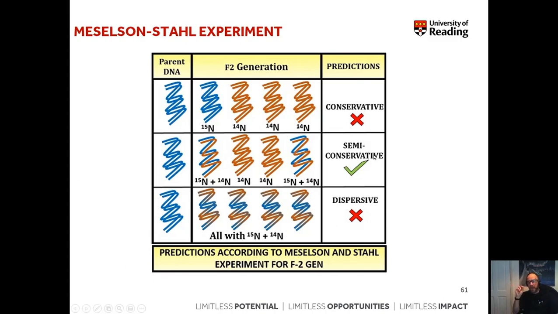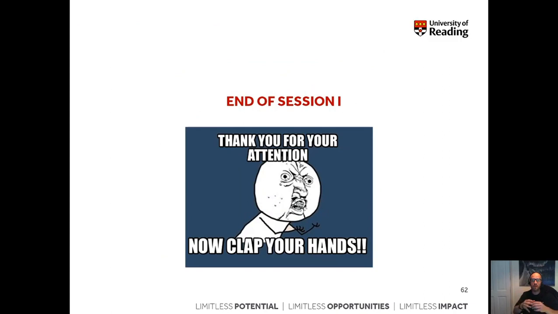However, as the answer is semi-conservative, we would expect one light band and also hybrid bands, which was the case in the experiment. And this was a clear proof that the mechanism of DNA replication is semi-conservative.